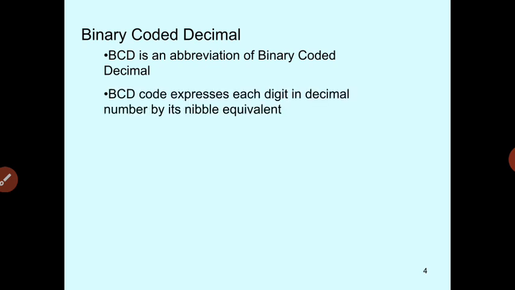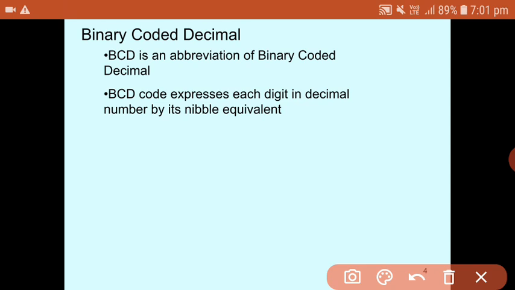BCD stands for binary coded decimal. The BCD code expresses each digit of a decimal number by its nibble equivalent. Decimal numbers start from 0 and go up to 9, and you need to represent all of these in the form of binary code.